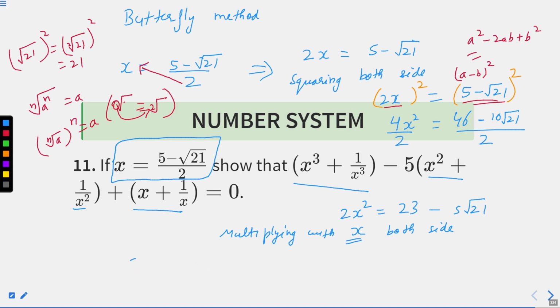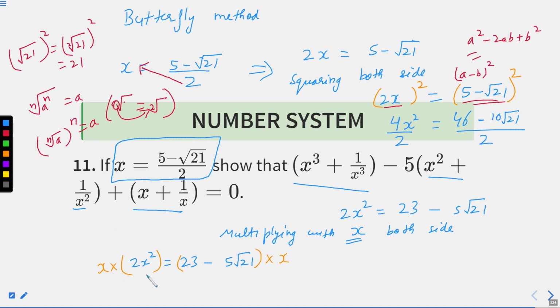So I have 2x square equals 23 minus 5 root 21. Multiplying with x means x gets multiplied here and x also gets multiplied here.